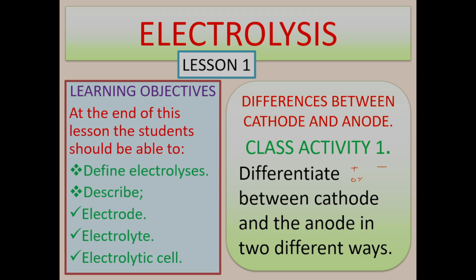Oxidation occurs at the anode, while reduction occurs at the cathode.